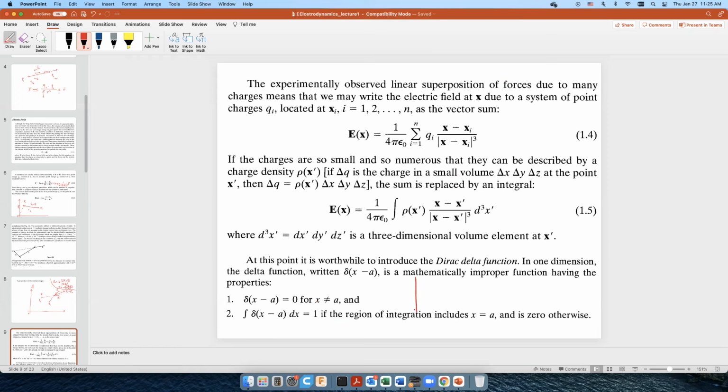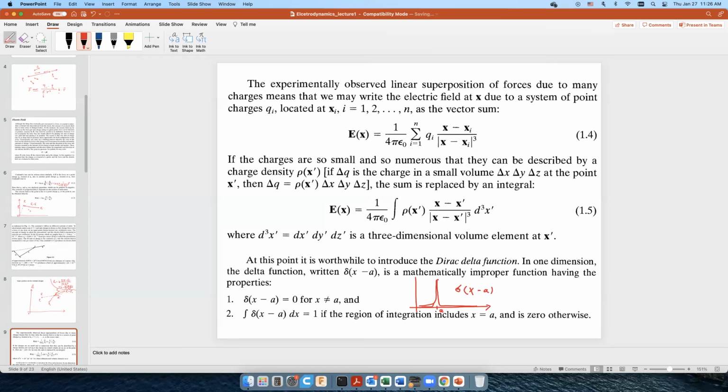So if you draw the picture of the delta function, it is something like this. It's a very sharp peak at a. So if x is not equal to a, then the delta function equals 0.